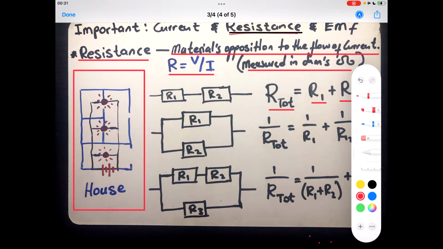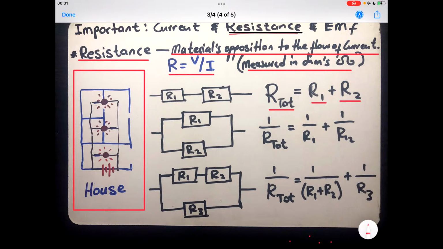So here we are talking about a connection where you've got a parallel connection, and within that parallel connection you've got a series connection. So the question is, how do we calculate the total resistance in this case? Again, for R total, what we know is that for a parallel connection, this is the formula.